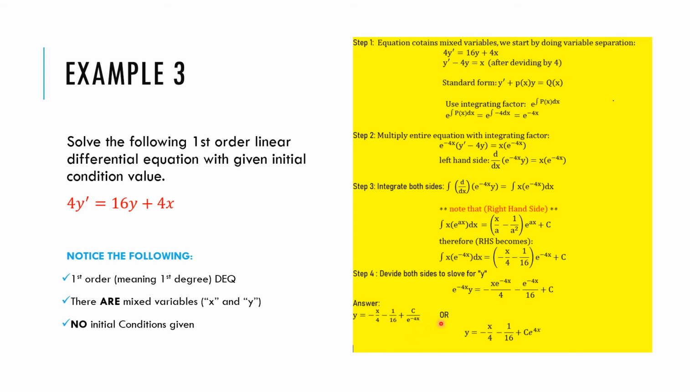Or if you want to, you can leave your answer in this form right here. The only difference is that I moved the integrating factor under the constant c. I multiplied it, and that changes the negative 4x into a positive 4x, and that's all there is to it.